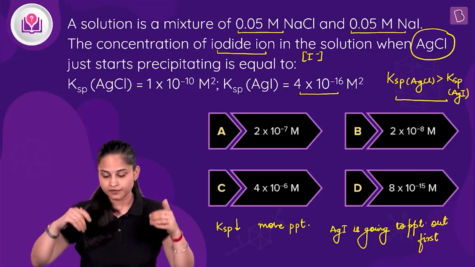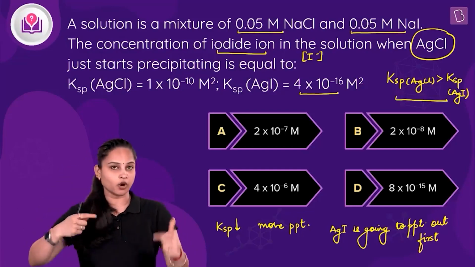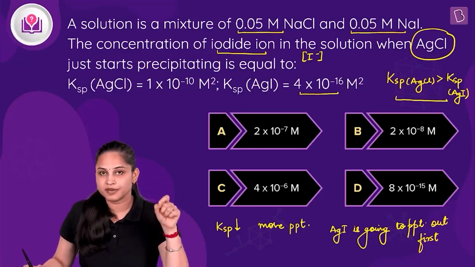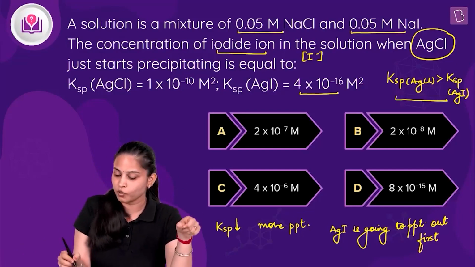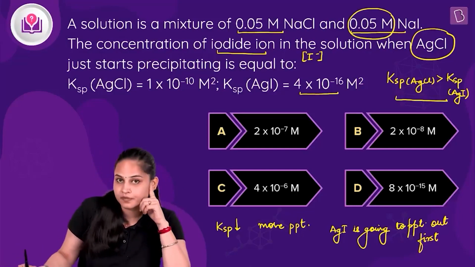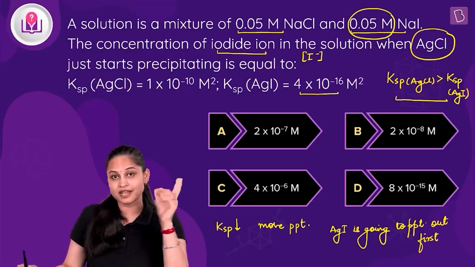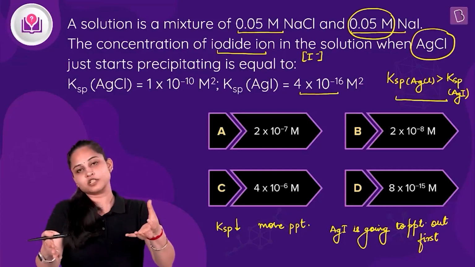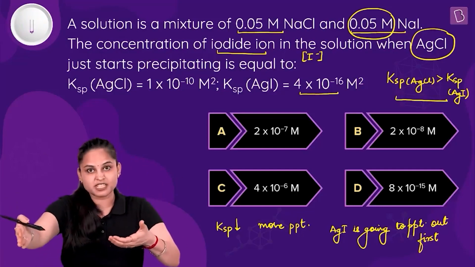From this theory, since AgI precipitates out first, it is going to consume some amount of this concentration, because when NaI reacts with silver solution, it's AgI which is going to precipitate out.